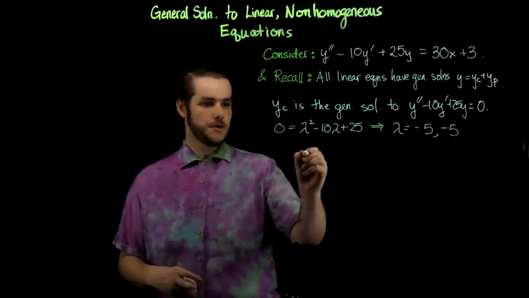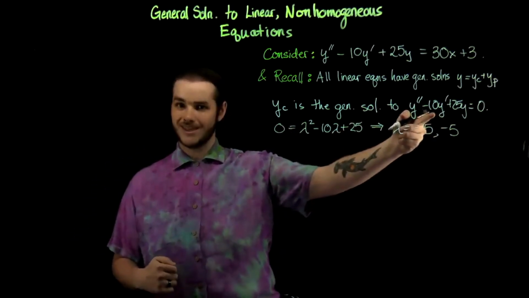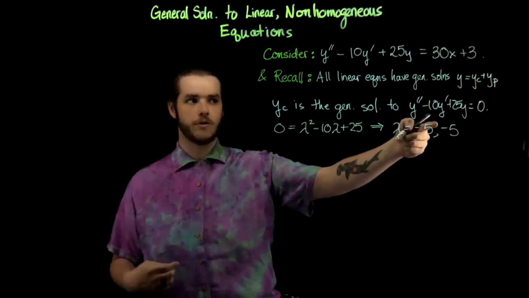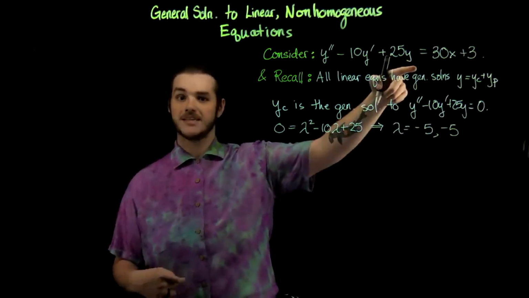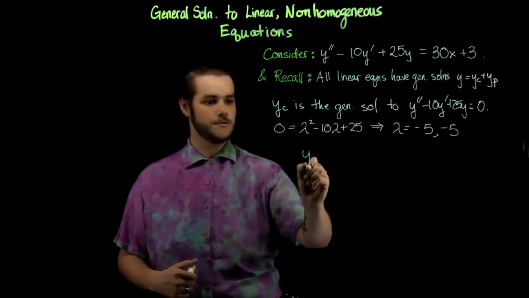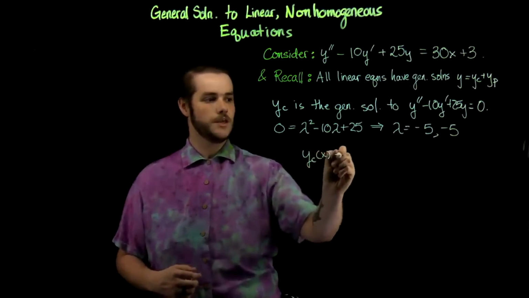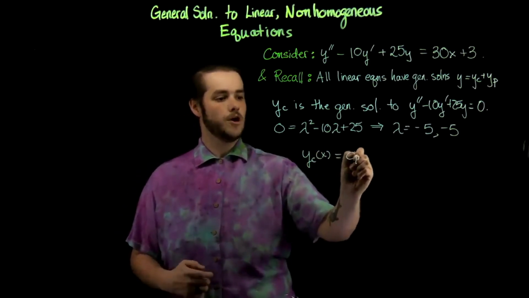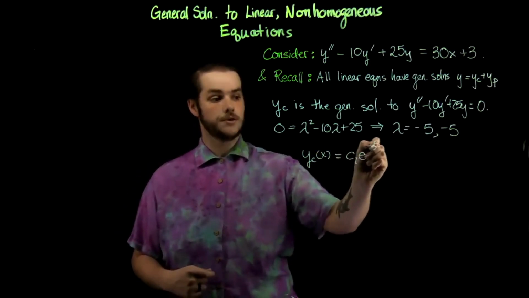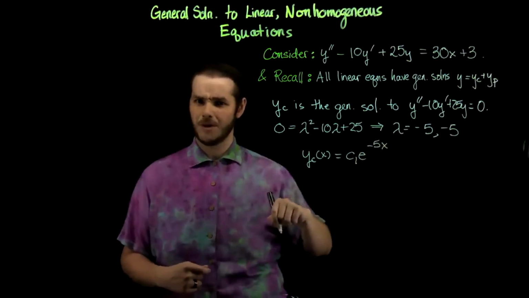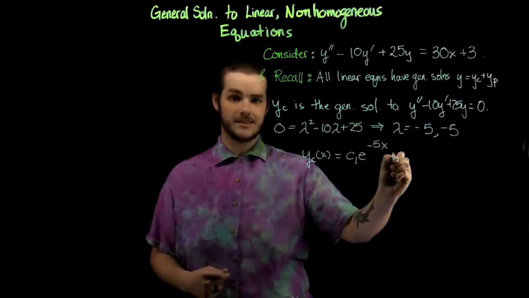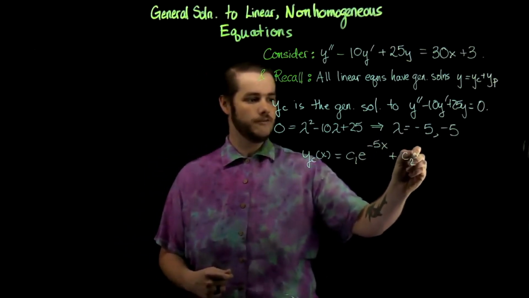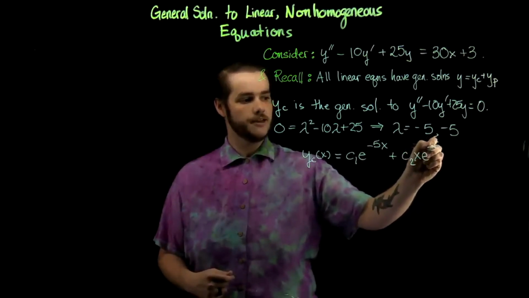So what this tells me is that the homogeneous equation has the general solution, or equivalently, our problem has the complementary solution, yc(x) = c1 e^(5x) plus, since it repeats, I need to tack on a power of x this time, c2 x e^(5x).